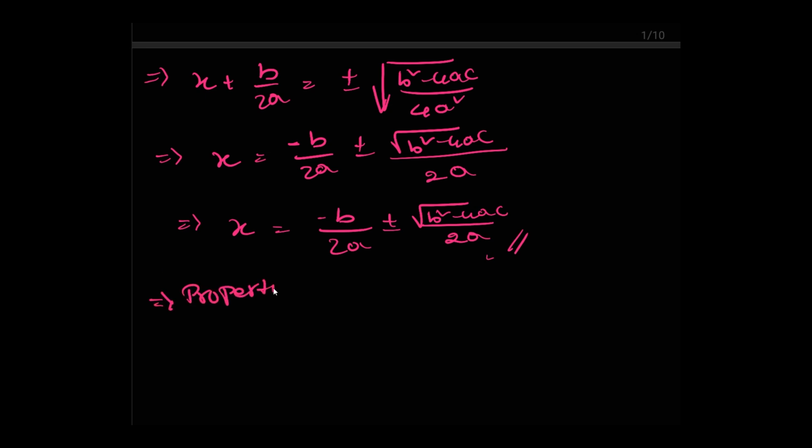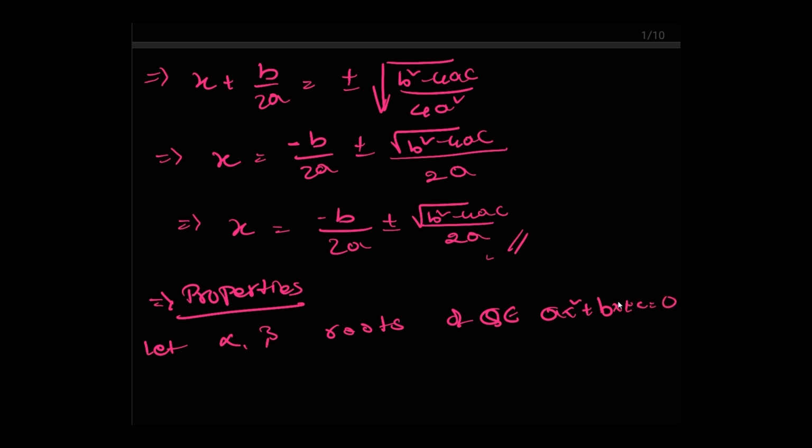Let alpha, beta be the roots of a quadratic equation ax square plus bx plus c equals to 0.